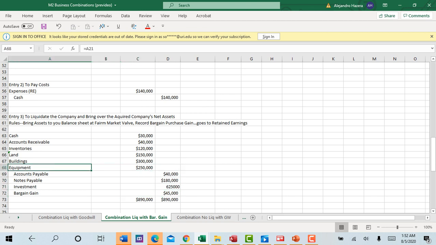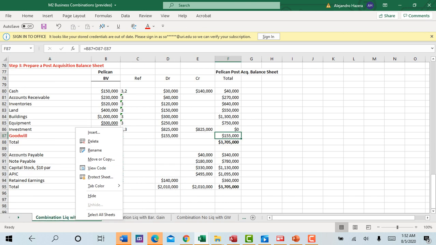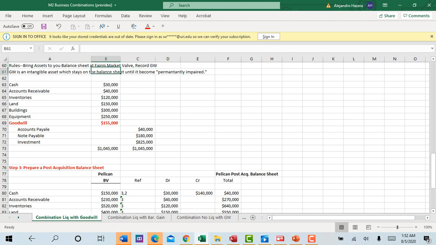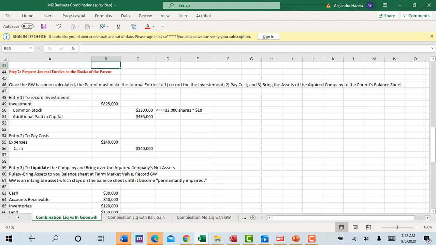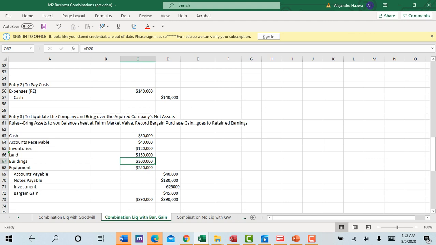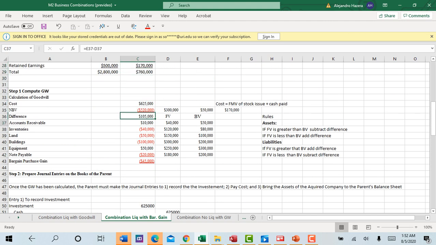So there's no Goodwill in this entry like there was in the first example. Here we had Goodwill in the first example of 155 because we had a positive number here. Whenever you have a positive number here, it's Goodwill. When you have a negative number in your Goodwill calculation, right here, it's a bargain purchase gain.